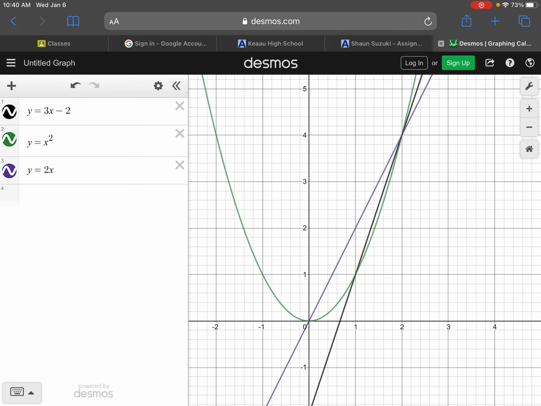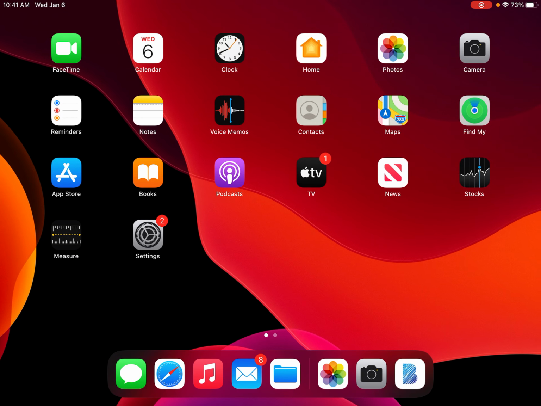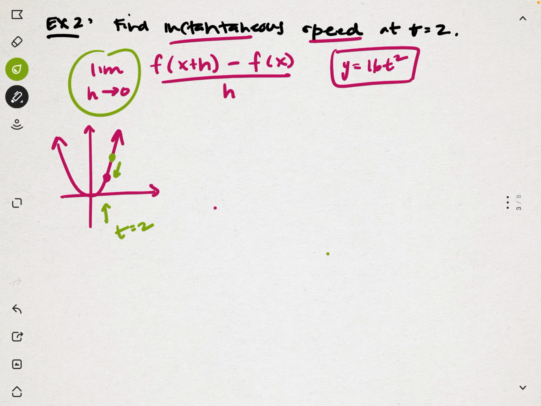Notice that this one is the average rate of change of the slope between the point 1, 1 and the point 2, 4. It's changing, and we're trying to move this ever and ever closer to 2 so that we can find the instantaneous rate of change there, if that makes sense. Each time we're getting closer and closer to 2, that's what the h represents. That's why when we do our limit here, we're doing the limit as h approaches 0.